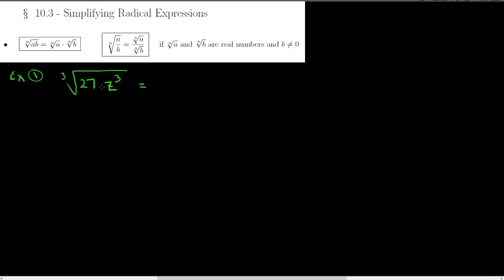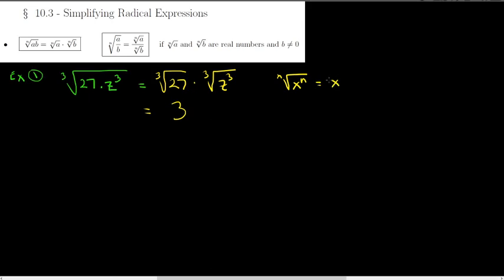We've done these before back in 10.1. The idea is because it's a product, you're allowed to split them up. You're allowed to take the cube root of 27 first, and then the cube root of z to the 3. Hopefully you remember the cube root of 27 is just 3. And the cube root of z to the 3, remember we had this rule that when you have the same exponent as the index, they just cancel out.